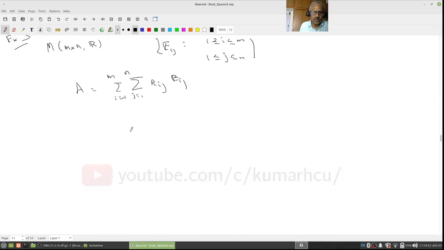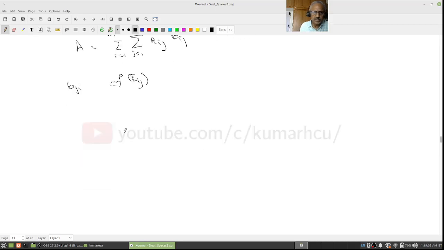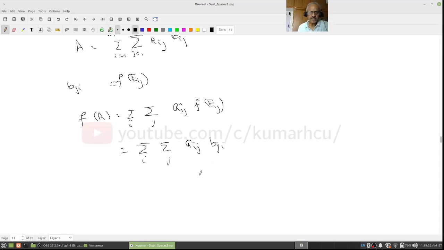And we found the dual basis, f of E_ij, we call it b_ji. Therefore f of A we found out to be the double summation over i and j of a_ij and f of E_ij, that is the summation of a_ij and b_ji.